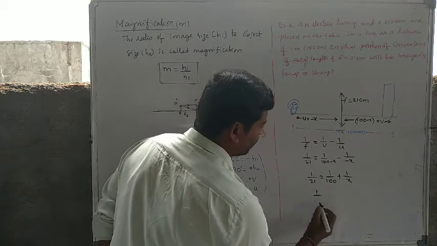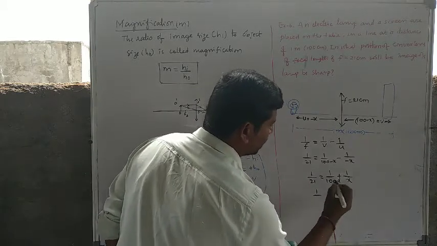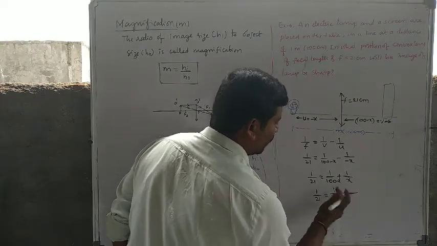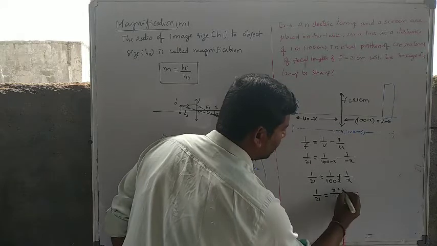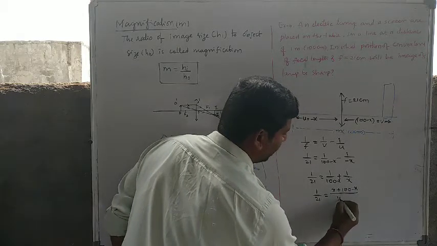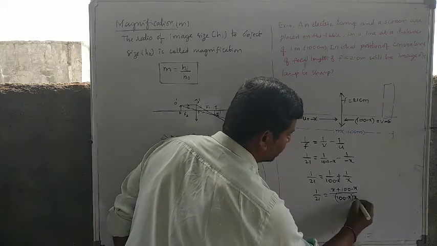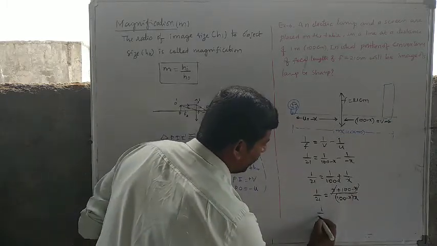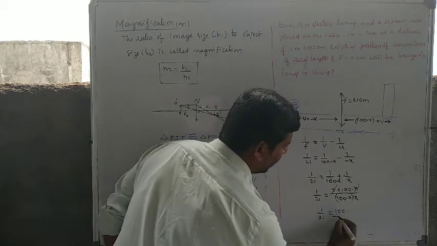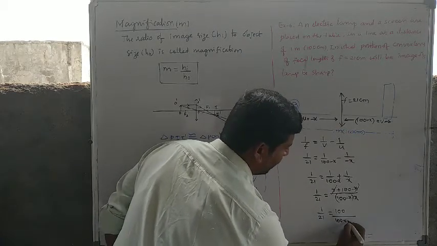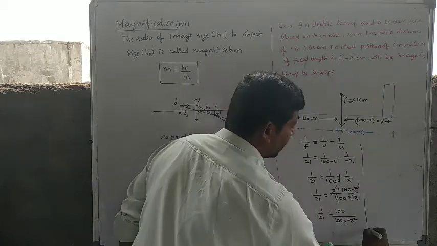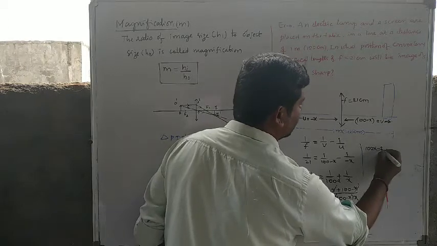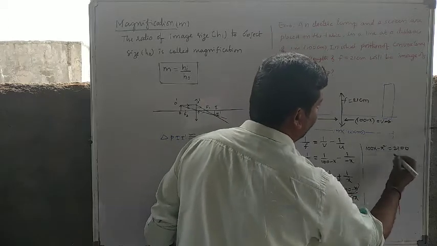Taking the LCM, we get 1 by 21 equals (x plus 100 minus x) by (100 minus x) into x. The plus x and minus x cancel. The remaining term is 1 by 21 equals 100 by (100x minus x square). Now do cross multiplication. Then we get 100x minus x square equals 2100.